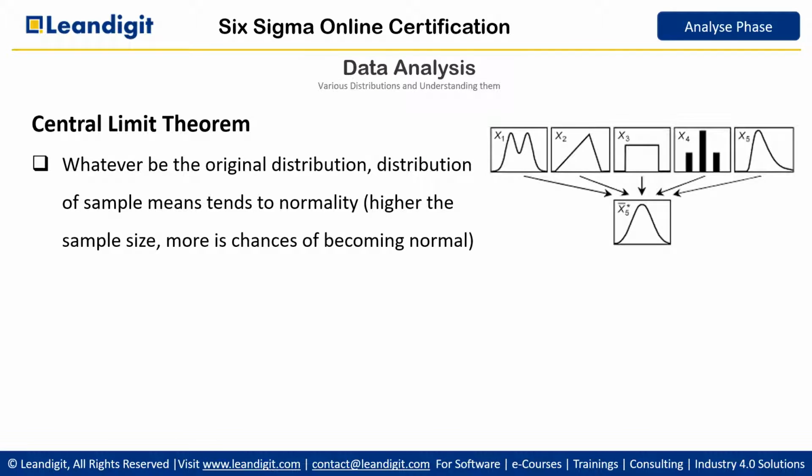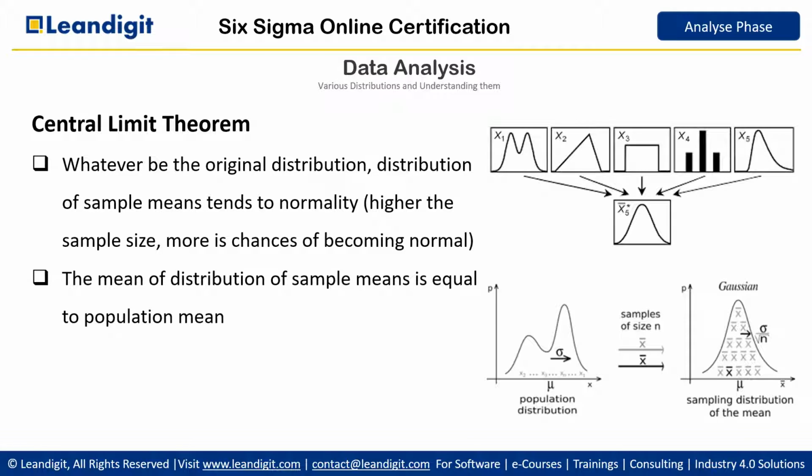Whatever be the original distribution of the population, the distribution of the means of the samples taken from the population will tend to follow normal distribution. Principally it means that whatever be the distribution, we can make it normal by just plotting its average values.